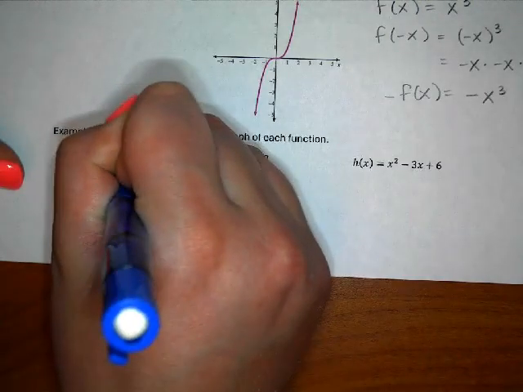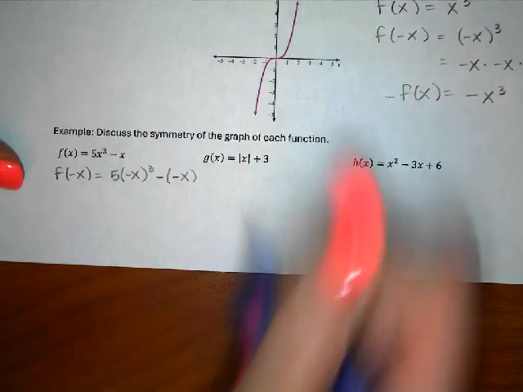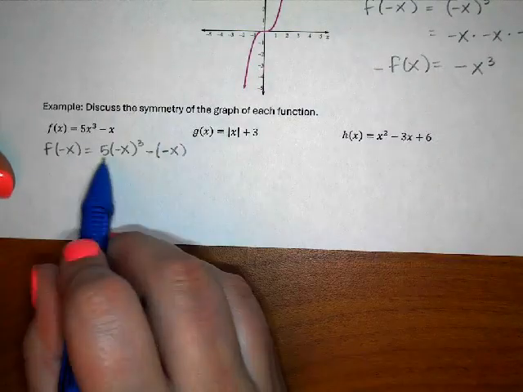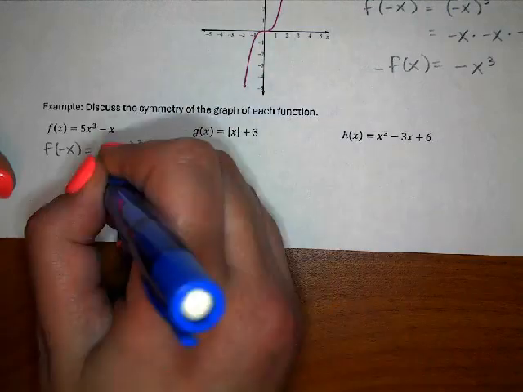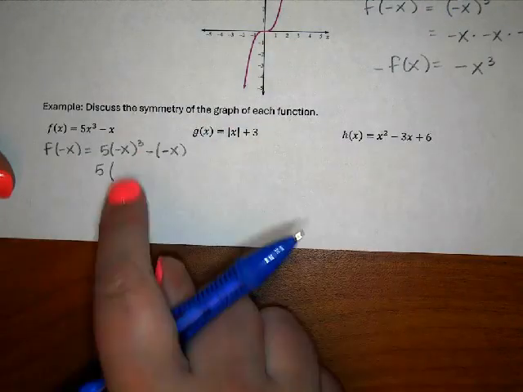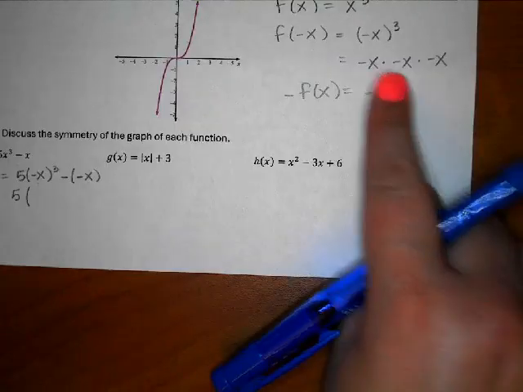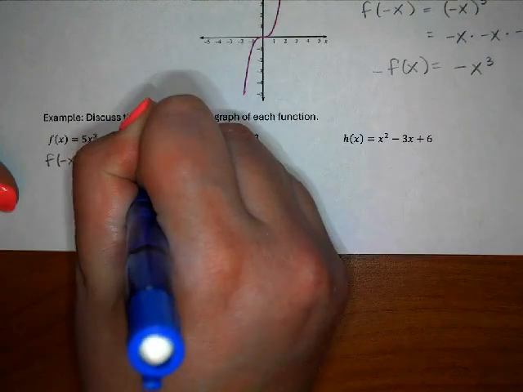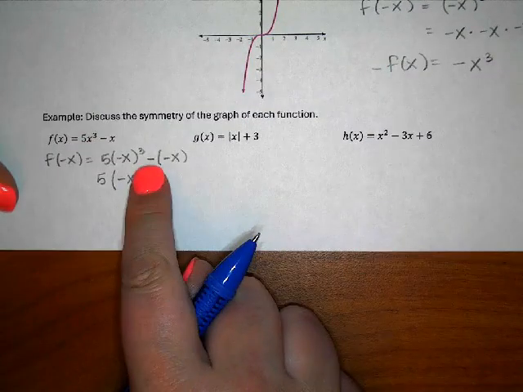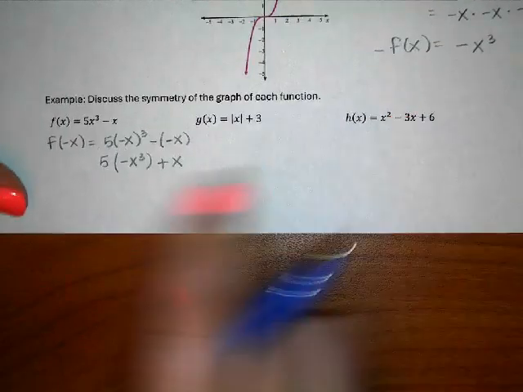here I've got 5 times negative x to the third, and that's 5 times negative x times negative x times negative x. We know, we just did it, that is negative x to the third. Over here I have minus x, so that's plus x. 5 times negative x to the third is negative 5x to the third.